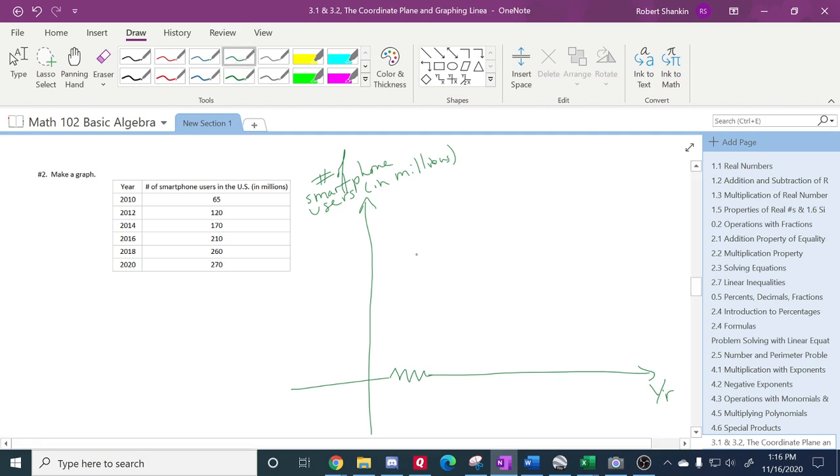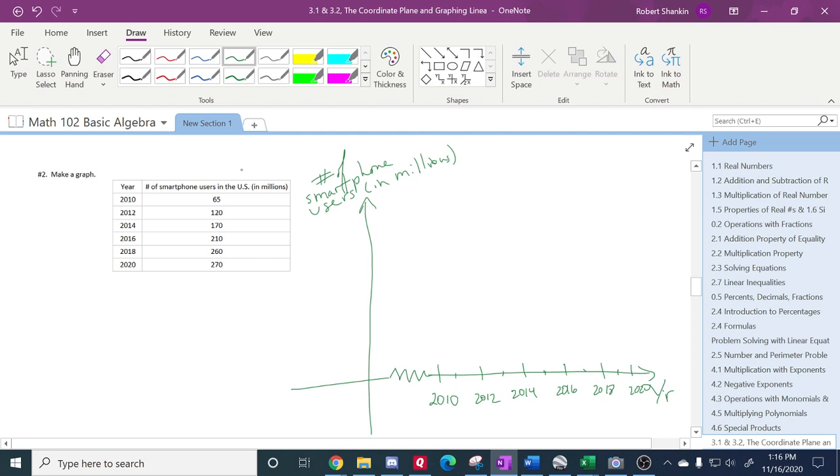I'll go by 2s. 2012, 14, 16, 18, 20. You can put tiny little hashes if you want for the ones in between.